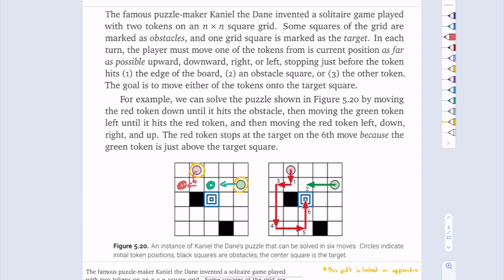You can keep pushing it around the bottom, push it to the right, and then lastly push it all the way up. Each time we pushed a token, it went all the way until it ran into one of those black squares, another token, or a wall. Do the rules of the game roughly make sense?